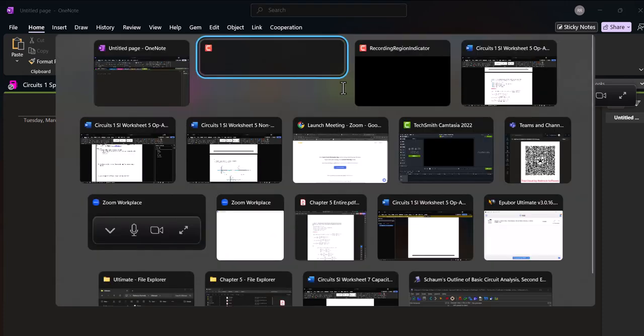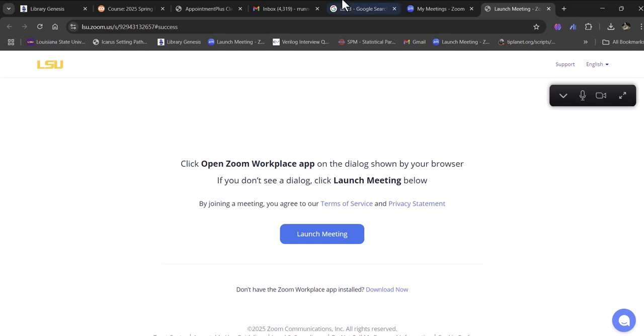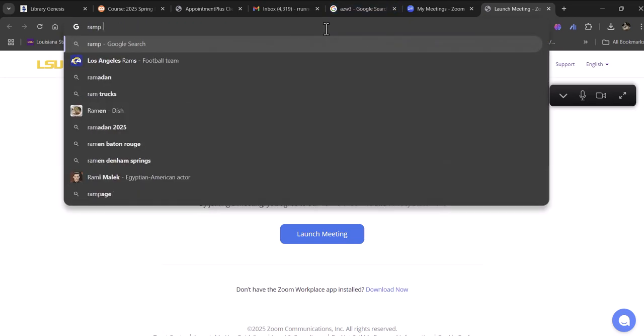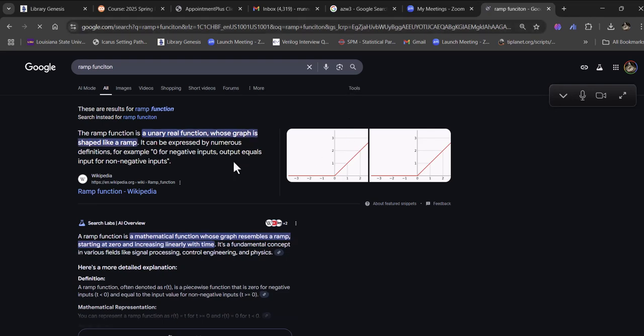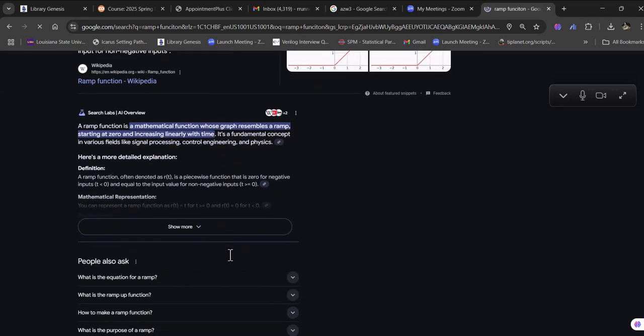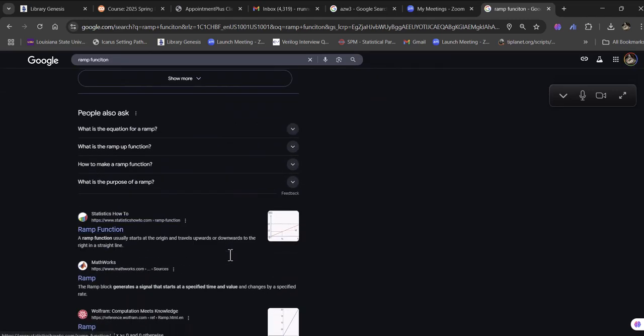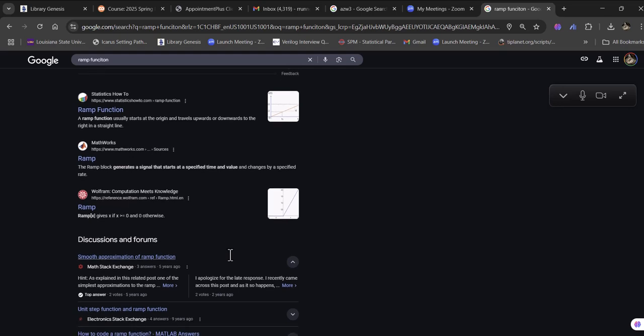Let's see. Well, maybe it is just ramp, maybe it doesn't have another name.